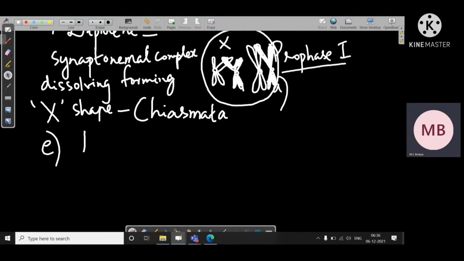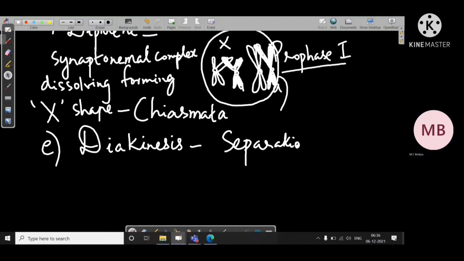And then the last stage of prophase 1 is diakinesis. Now in diakinesis, there is complete separation of the chiasmata region.